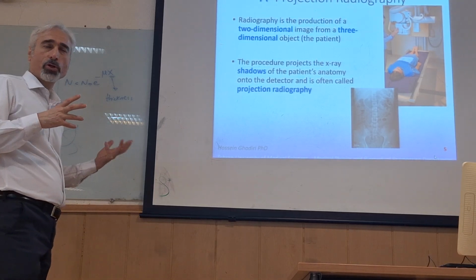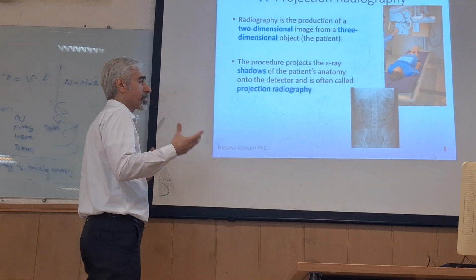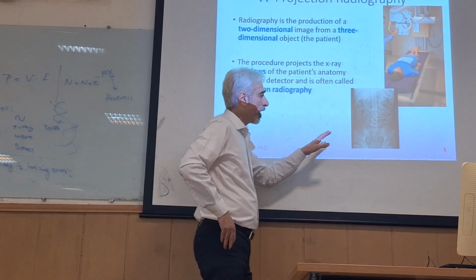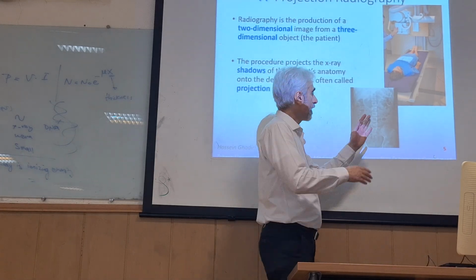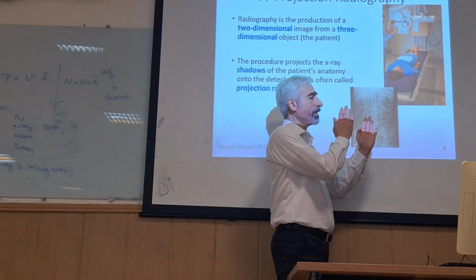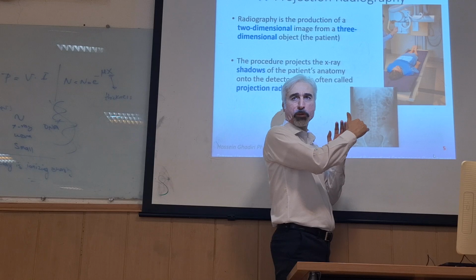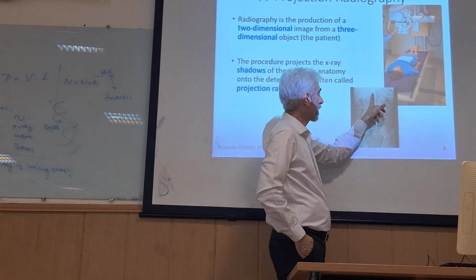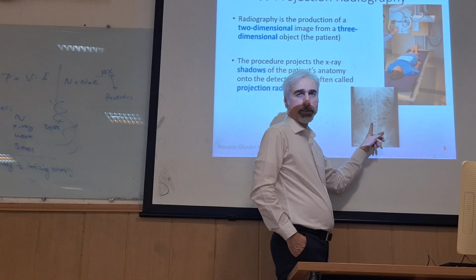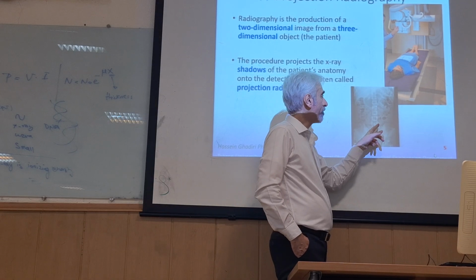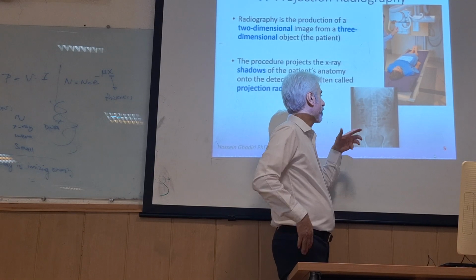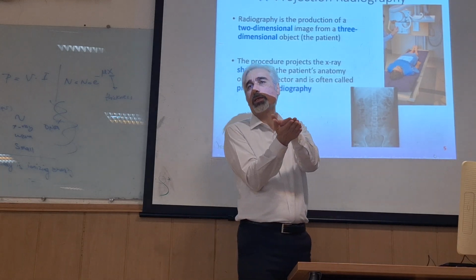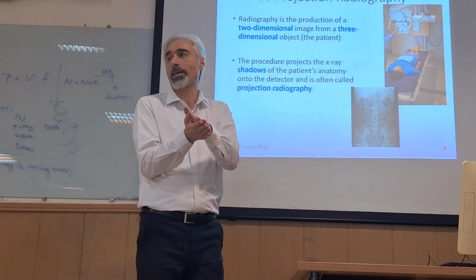It has some advantages and disadvantages. The main disadvantage is you can see all the information in different depths of the patient's body in just one image. For example, you can see the spine, and at the same time you can see the abdomen organs, and everything is superimposed in one image. This is the disadvantage.